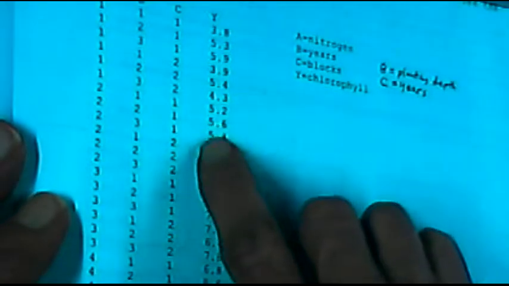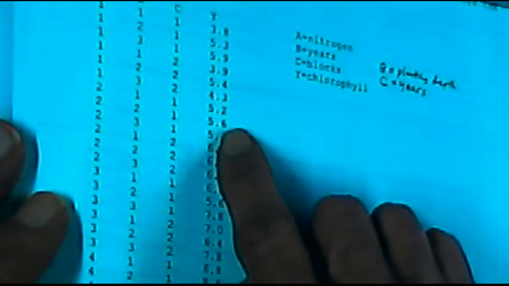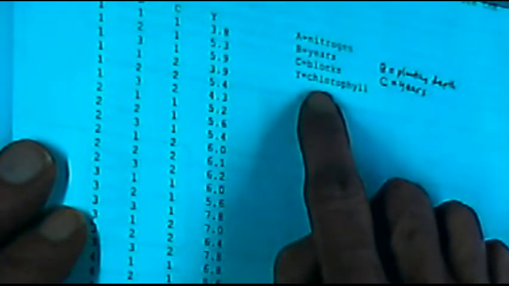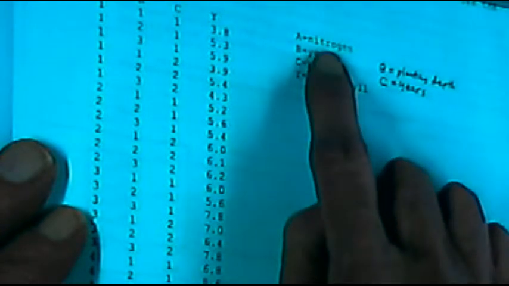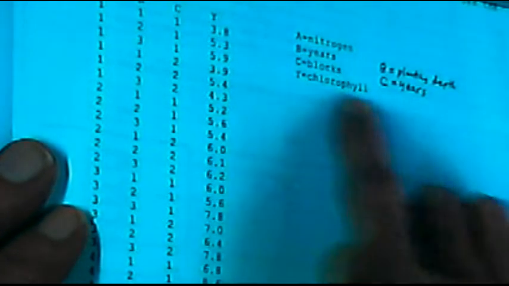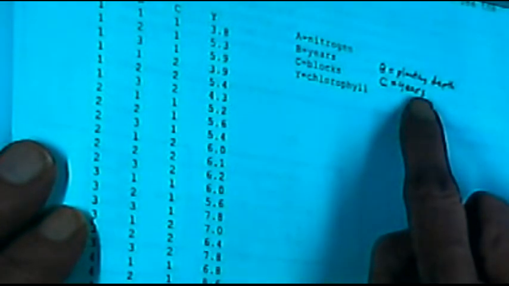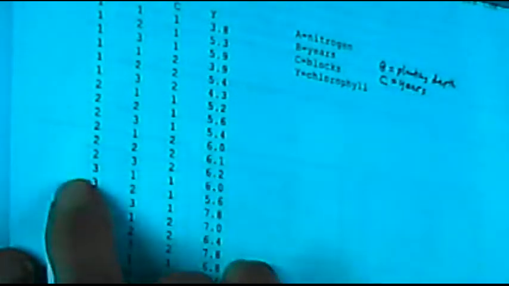And I think I'm going to show you this data on a handout a little later today. But I thought you could change this again, and I think it would make a better sounding example if A was the amount of nitrogen, B was the planting depth for the seeds, and then C was years. So anyway, here's the data.